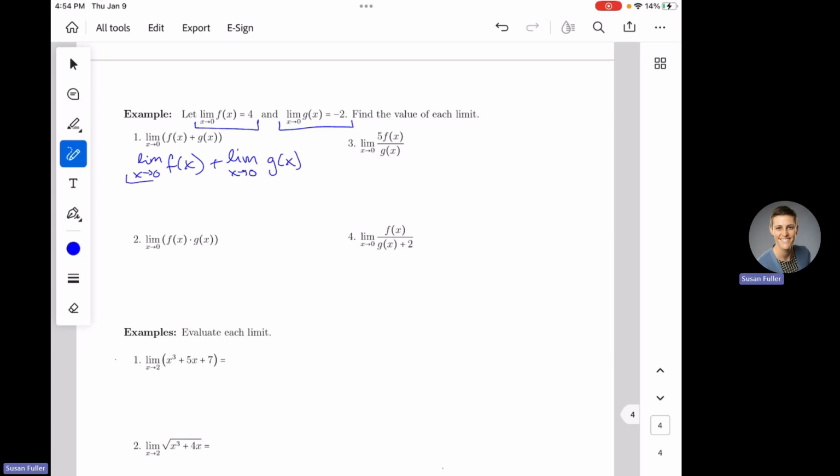The limit as x goes to 0 of f of x, we have it right here, that's 4. Plus the limit as x goes to 0 of g, we have that one right over here, that's -2. 4 plus -2, that's 2. That is the value of this limit that we were given.